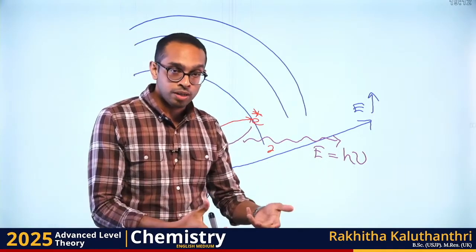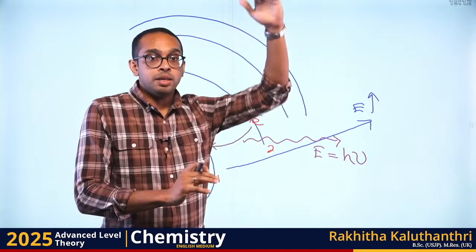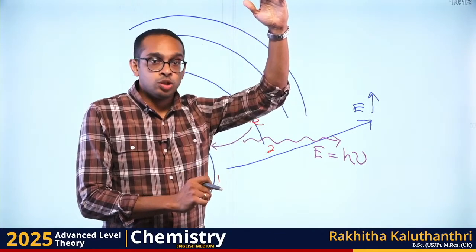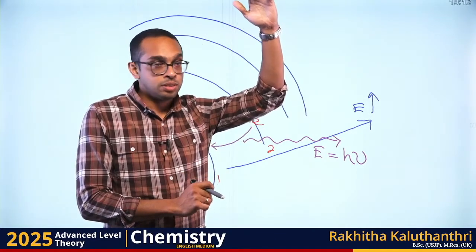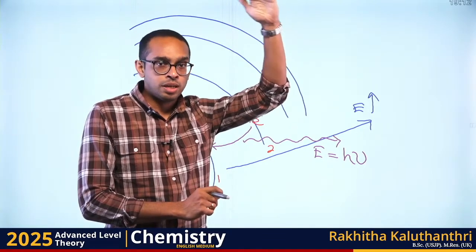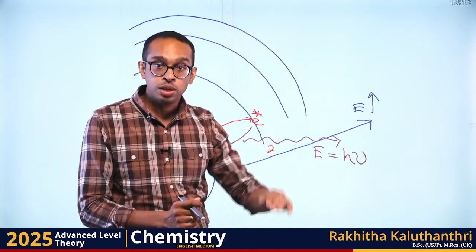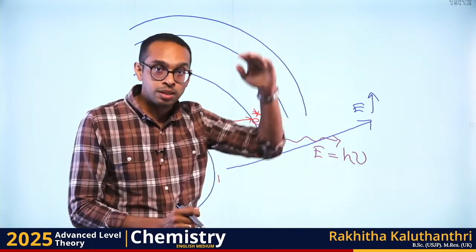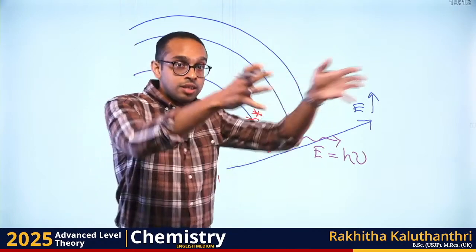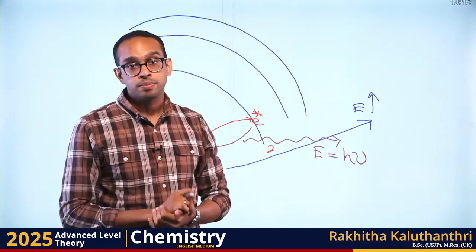When we provide electrons, they absorb energy and move into higher energy levels. Staying there is not possible, right? You can't stay there forever. It's a temporary, unstable state. So the excited state is not a permanent state. It has to come back down to the ground state. As it comes back down to the ground state, the energy difference is released as radiation.